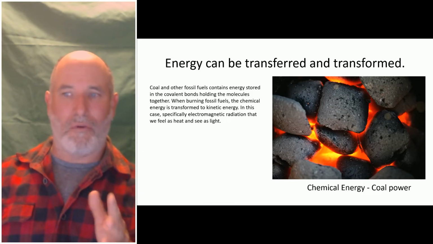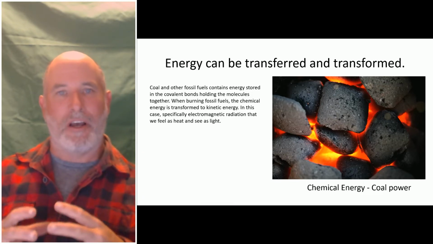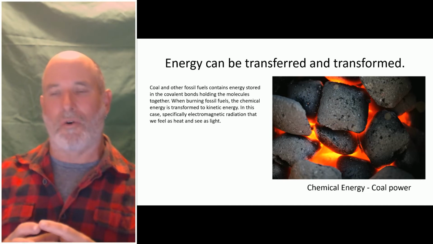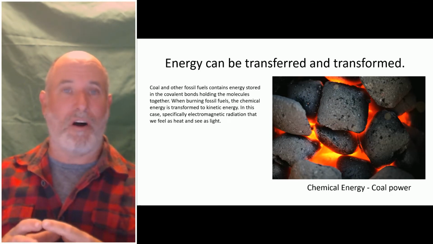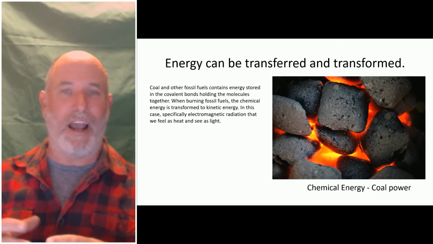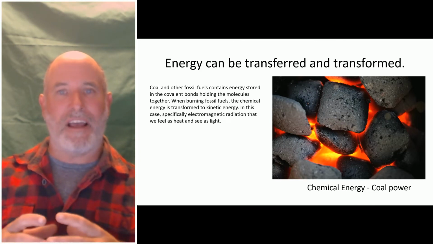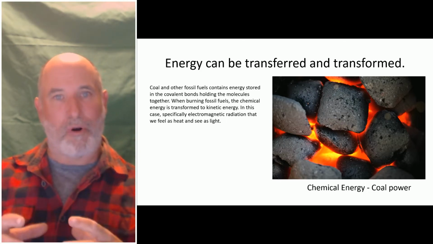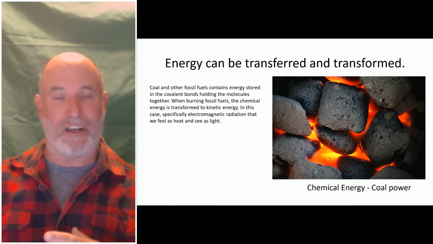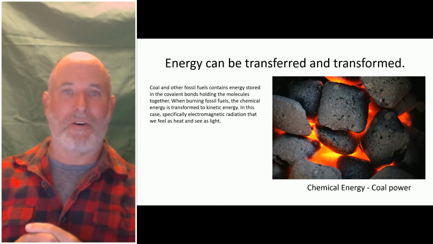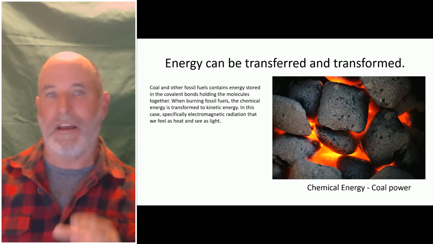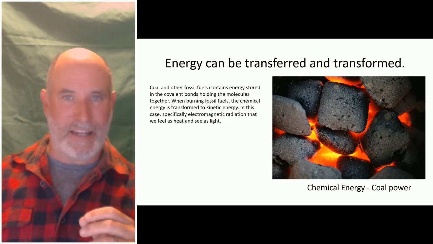So look at this coal burning, right? What's happening is you've got energy stored in the molecular bonds, the bonds holding all the carbons together and holding the carbons and the hydrogens together. And as those bonds are being broken and forming new bonds of carbon dioxide and water, this chemical reaction is transforming chemical energy into kinetic energy.